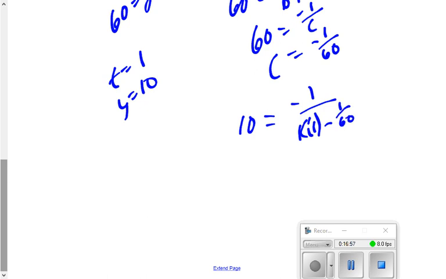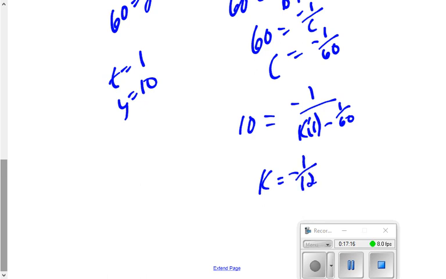Maybe plus c, since c is negative, it's minus. So then once I solve that by multiplying and subtracting over, I'd get k equals negative 1/12.